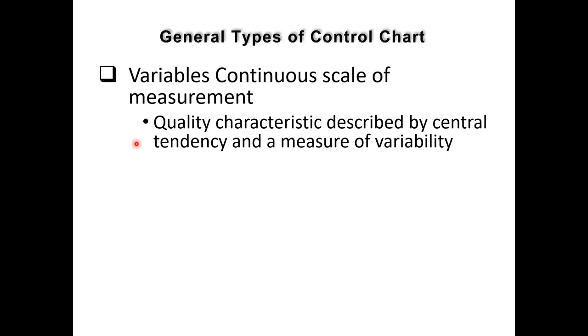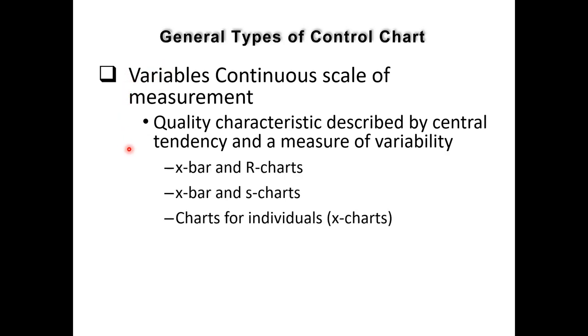So again, if your quality data falls into the category of continuous data, then you will use the variable control chart. Some examples of variable control chart are X bar and R chart, X bar and S chart, chart for individuals.